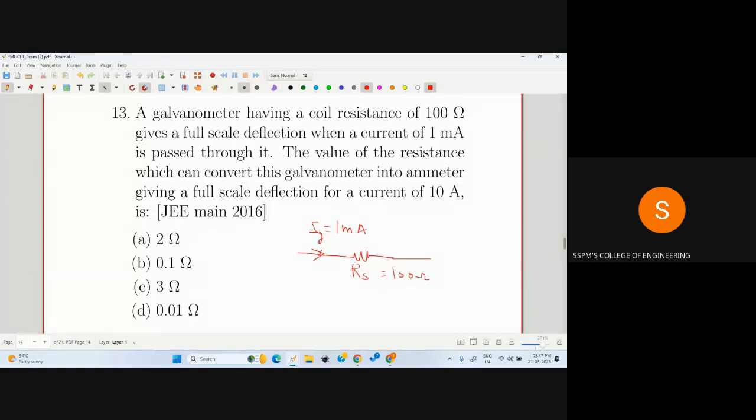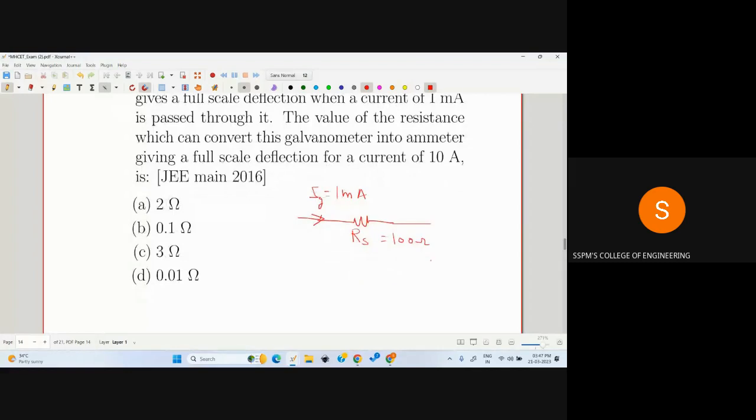Then what will be the voltage across the galvanometer? The voltage is Ig into Rs. Voltage किती आहे ते 1 into 10 to the power minus 3 into 100. It gives 0.1 volt. Voltage किती मिळणार, 0.1 volt मिळणार इथे या पहिल्या कंडिशन मध्ये.